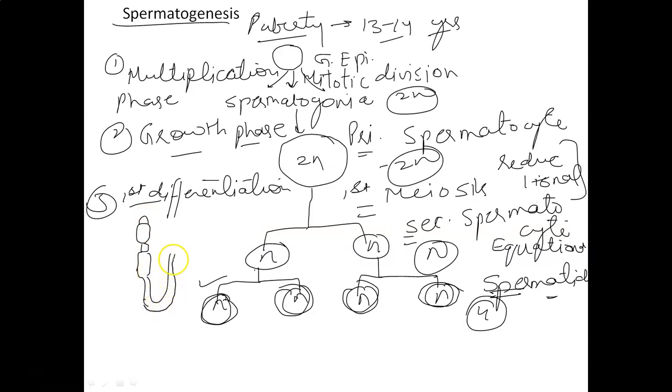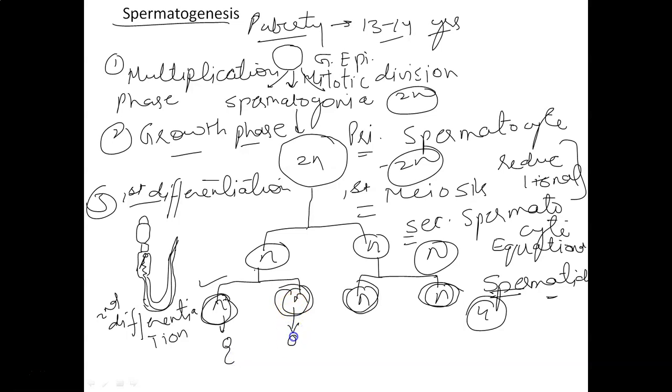So now the spermatids have to get differentiated. This is the second differentiation, where the spermatid gets differentiated into spermatozoa.